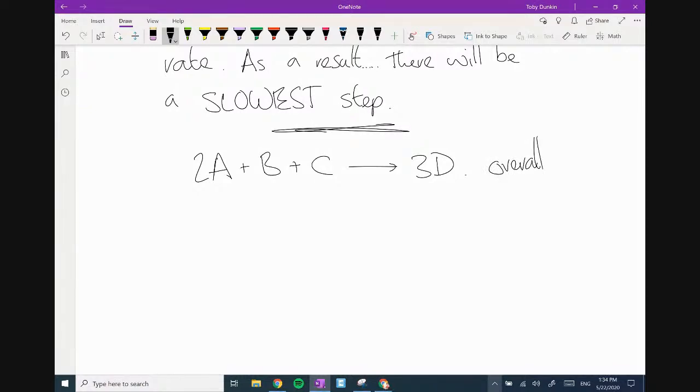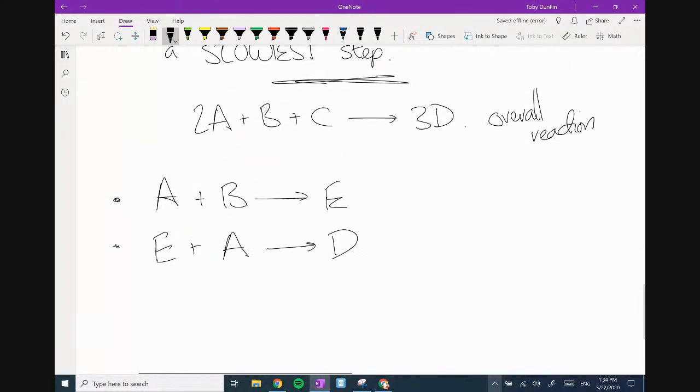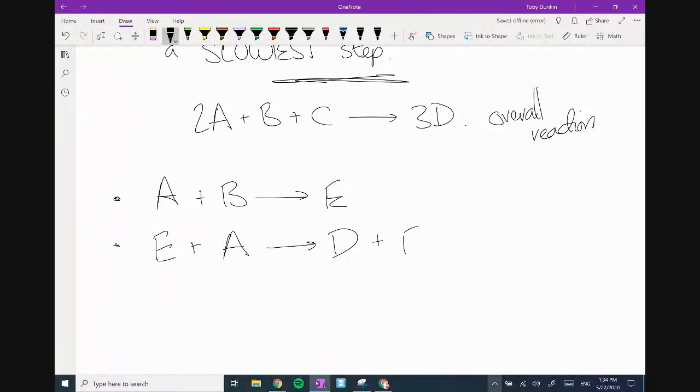My overall reaction. But what we realize is that this isn't happening in a single go. What's happening is 1 A is reacting with a B to form E, and E is reacting with another A to form a D plus an F, and F is then reacting with a C to form D, and that's it.